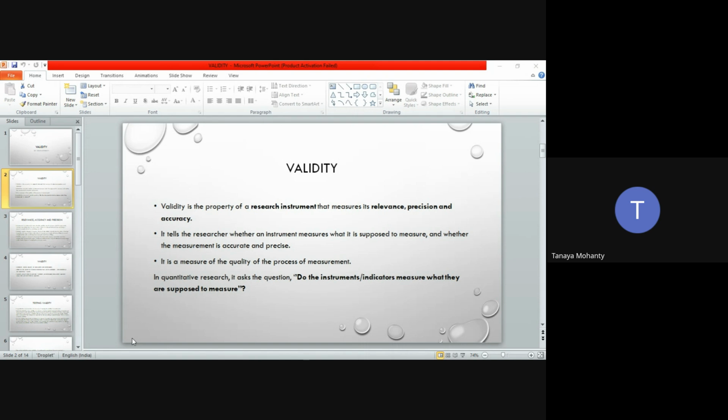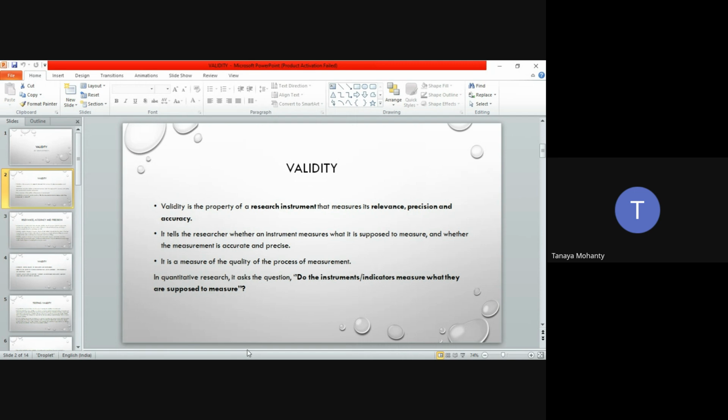Anyone who can answer? No? Give it a try. Basically, when we talk about validity, validity is the property of a research instrument. So, what is a research instrument on your part?